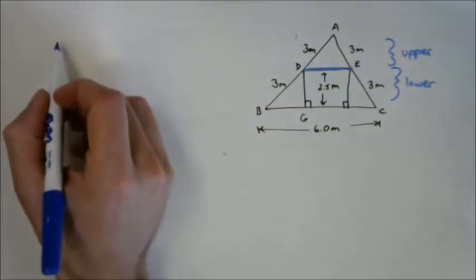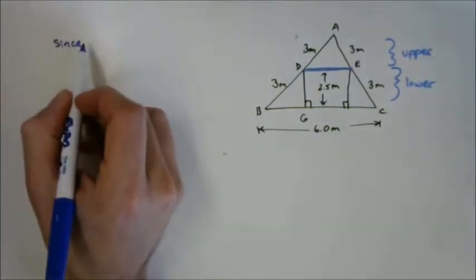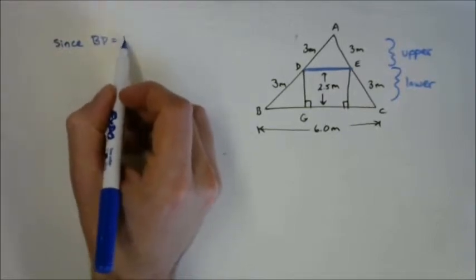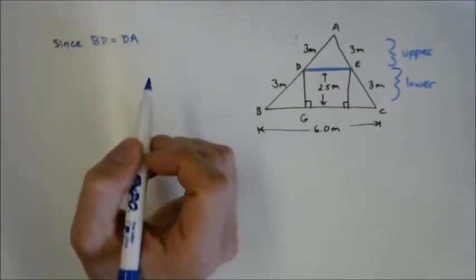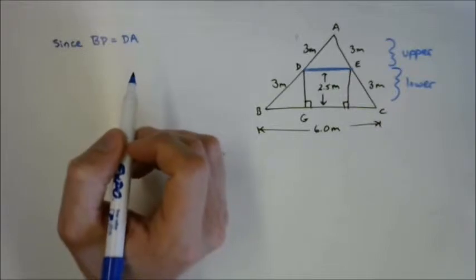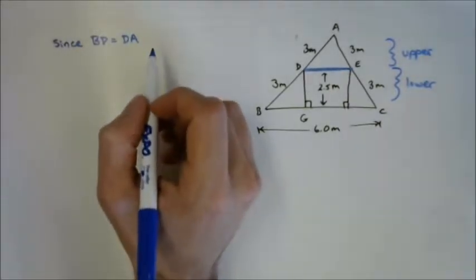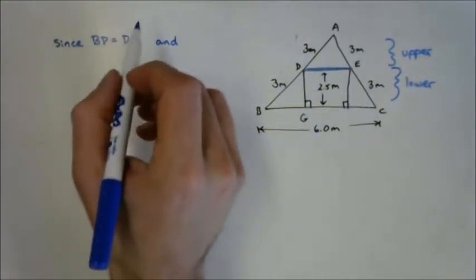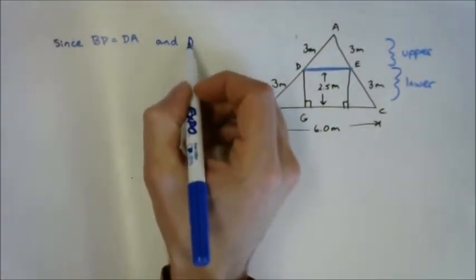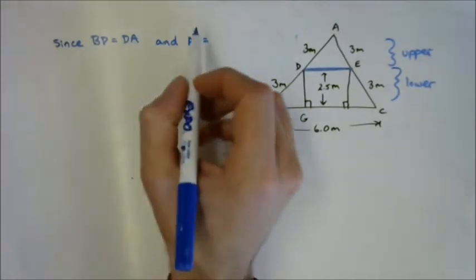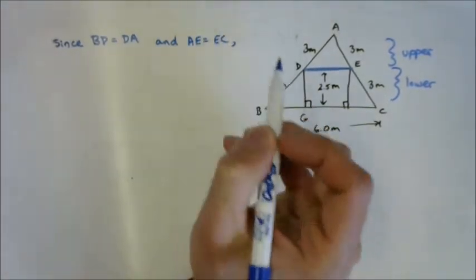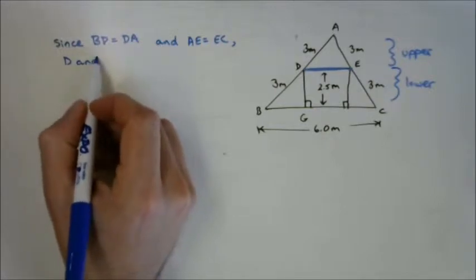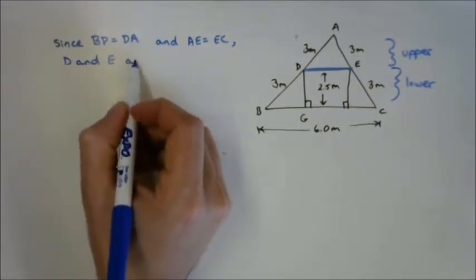So we could say since BD equals DA, and AE equals EC, D and E are what?